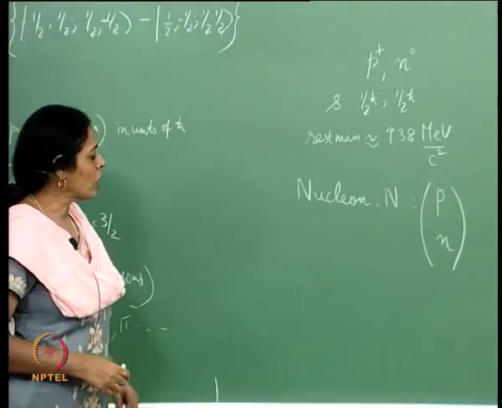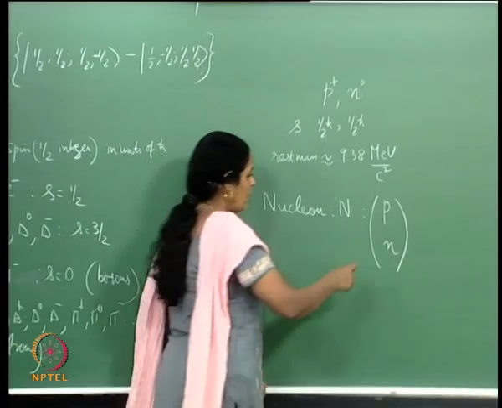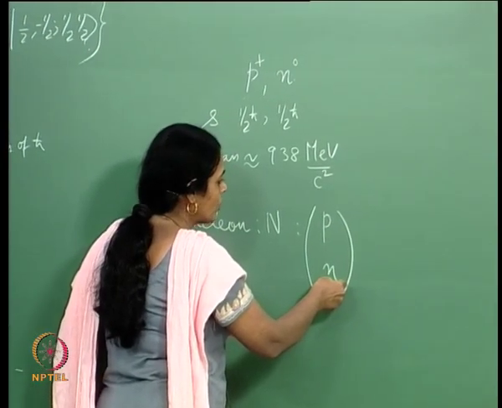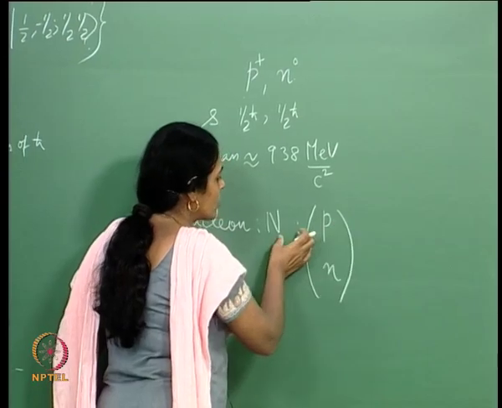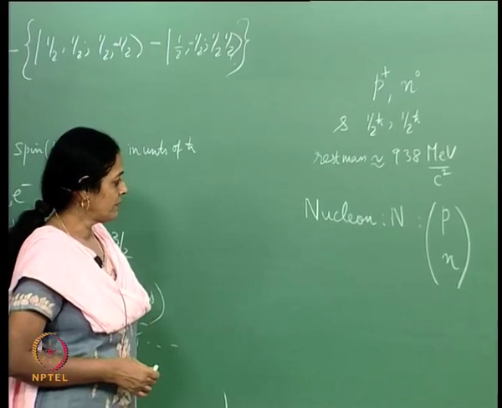I could think of the proton and the neutron in a world of strong interactions only as a doublet, the nucleon doublet, the proton being one of the states of the nucleon and the neutron being the other state of the nucleon.